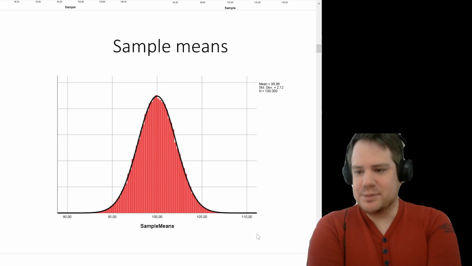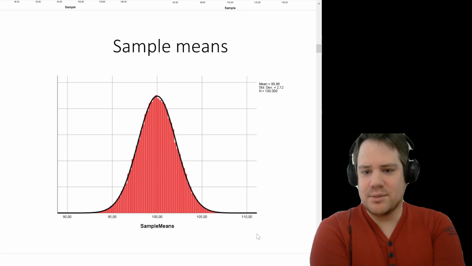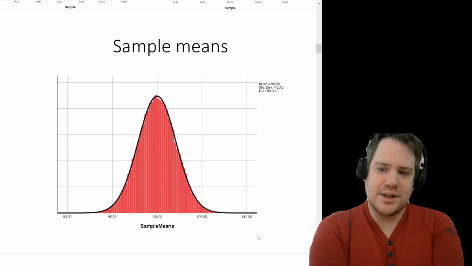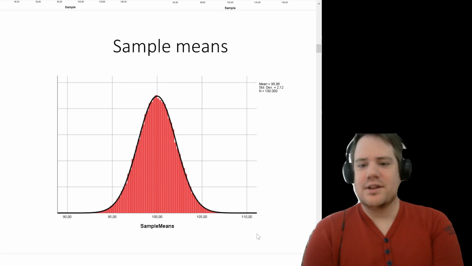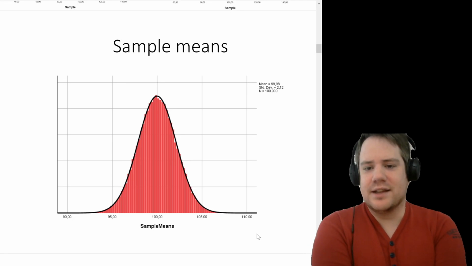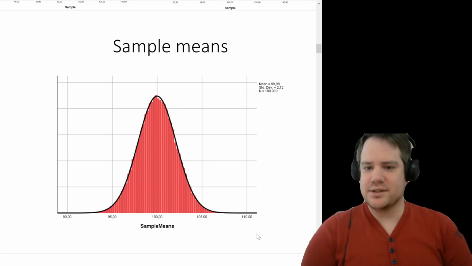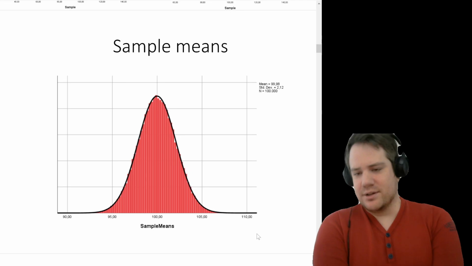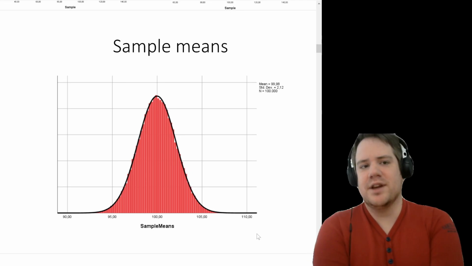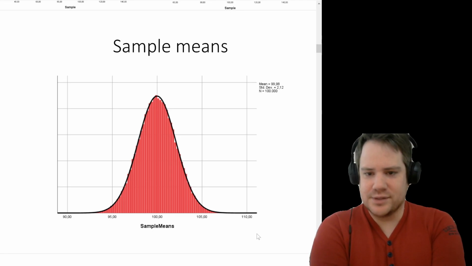And what you'd expect is that the mean here is going to be the same as the population mean, and that the standard deviation is going to be a lot smaller, because if you have a mean of, for example, 80 people, then it's fair to assume that that's going to be a lot less variable than if you take individual outcomes.